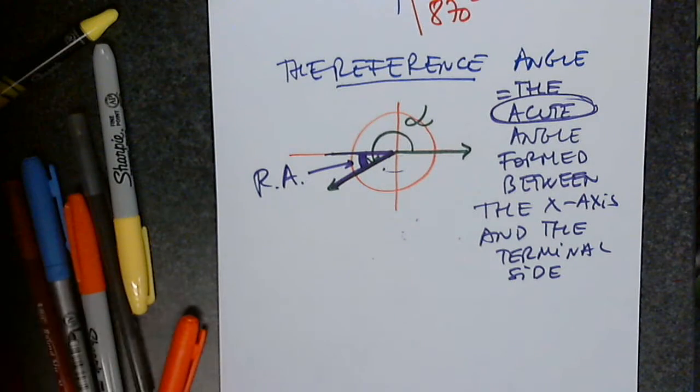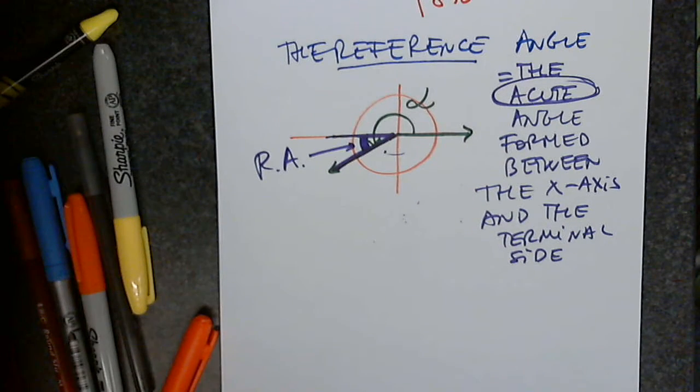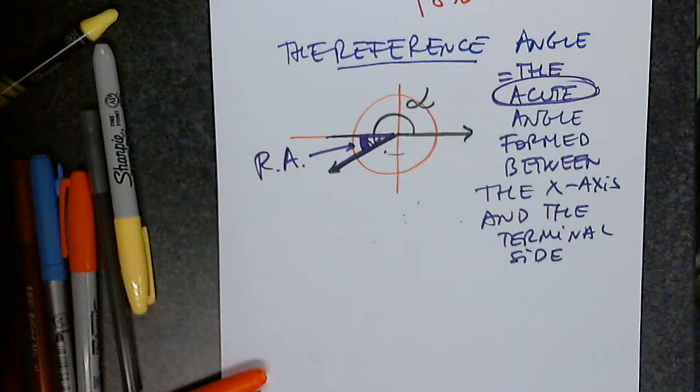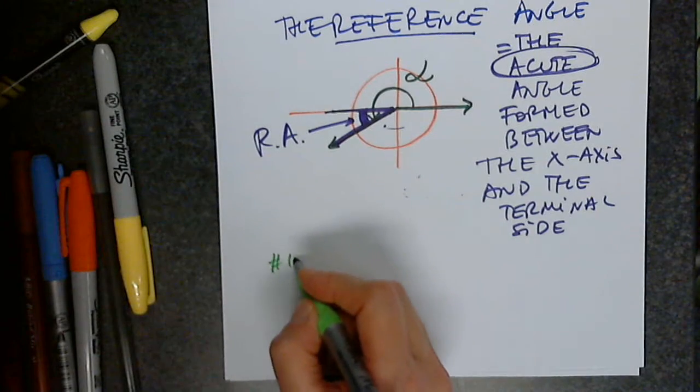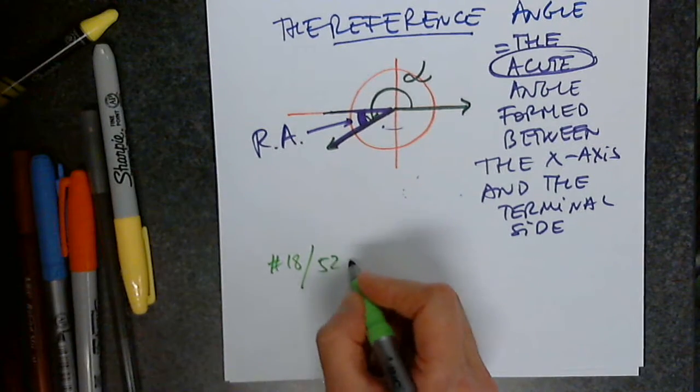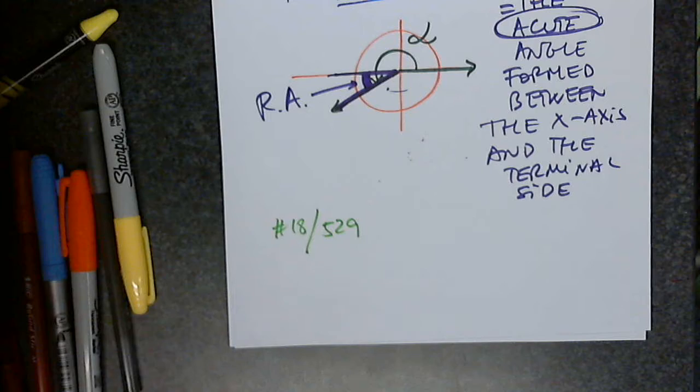Okay, so now that's all we have in section 5.1, but I would like to practice with problems from the book now. Convert each angle in degrees to radians. So, for example, problem 18 on page 529, because I want you to see these things.